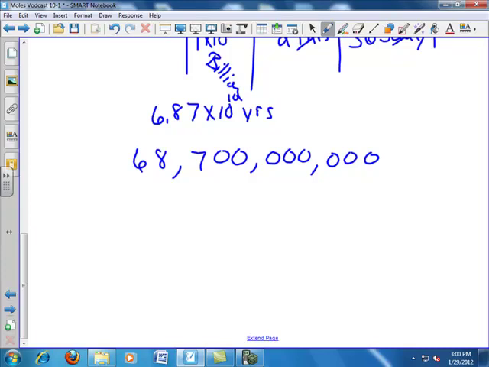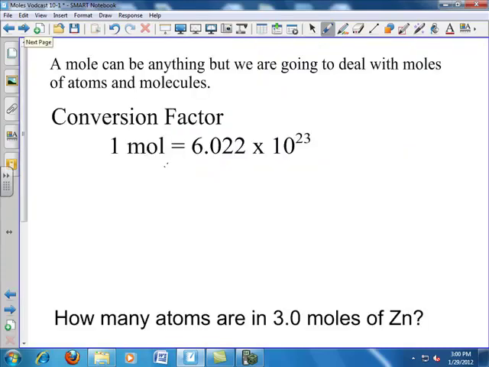So Avogadro's number, point being here, is an extremely big number, yet that many atoms of a particular element could fit on the end of your fingertip, if you have the right atom. Now, a mole can be anything, but we are going to deal with moles of atoms and molecules of atoms.